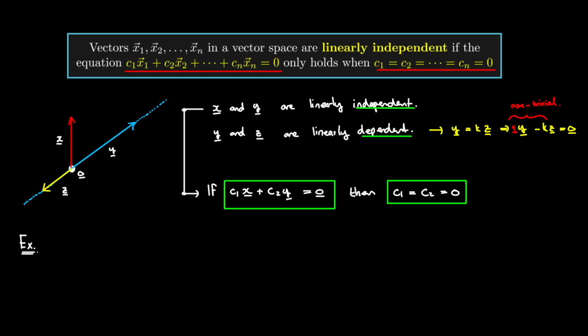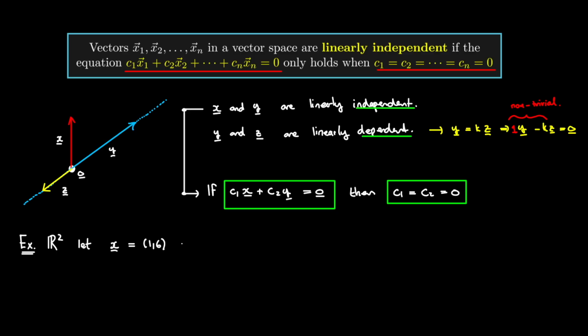Let's take R2, it's the simplest of all. So the simplest vector space, R2, and let's take two vectors in it. Let's take x equal to, well, it's the 1st of June, so let's say (1, 6).